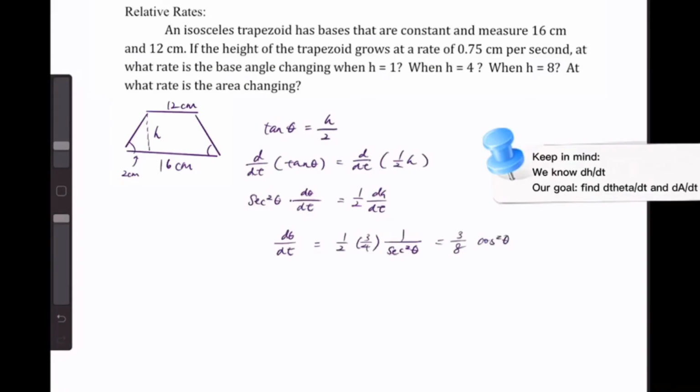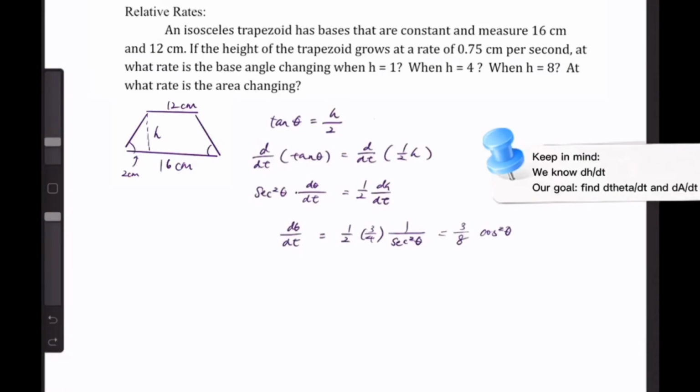Since we want to find at what rate the base angle is changing when the height is 1, when the height is 4, and when the height is 8, we want to establish the relationship between the height and d theta/dt. Going back to this equation, we can isolate the angle theta to equal tangent inverse h over 2.